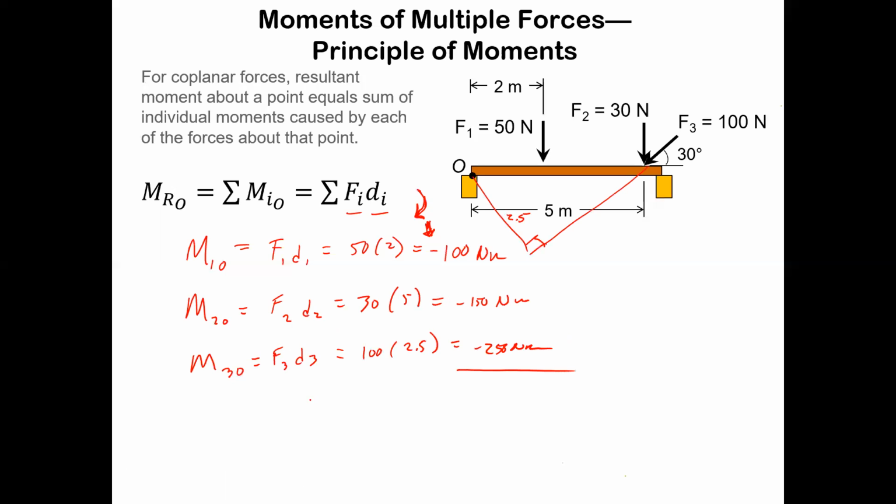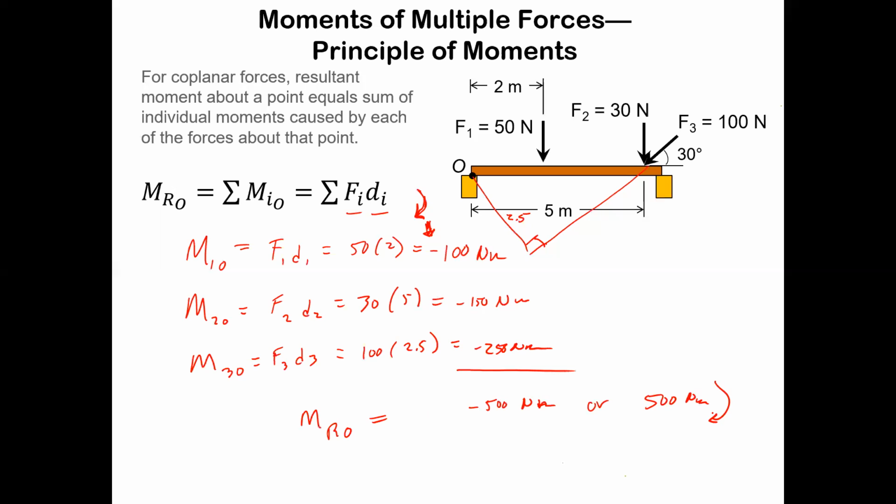So the net moment, the resultant moment about O, is going to be minus 500 Newton meters. Or you can write 500 Newton meters with a clockwise arrow after it. So that's the principle of moments, right? What does it say? The resultant moment is the sum of all the moments taken separately, added together, right?